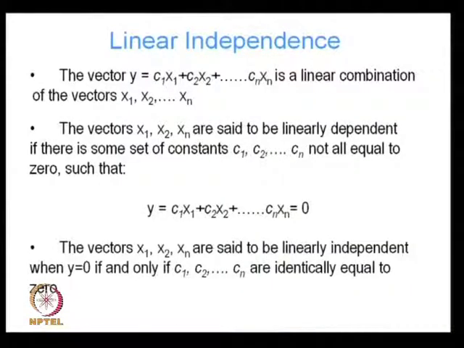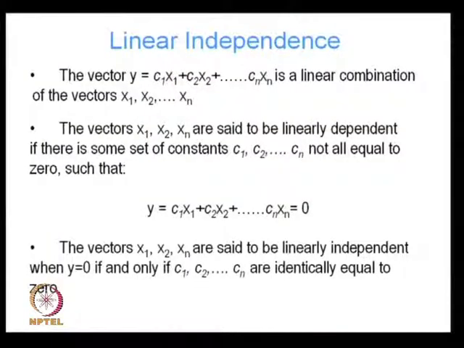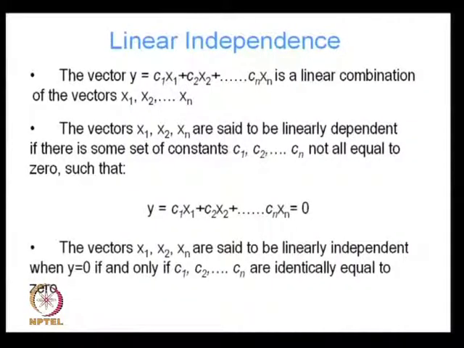Next, we want to talk about the notion of linear independence. A vector y, which is obtained by taking a linear combination of vectors x1, x2 through xn by multiplying them with scalars c1 through cn, is said to be linearly dependent if there is some set of constants c1, c2 through cn not all equal to 0, such that the sum c1 x1 plus c2 x2 through cn xn is equal to 0.